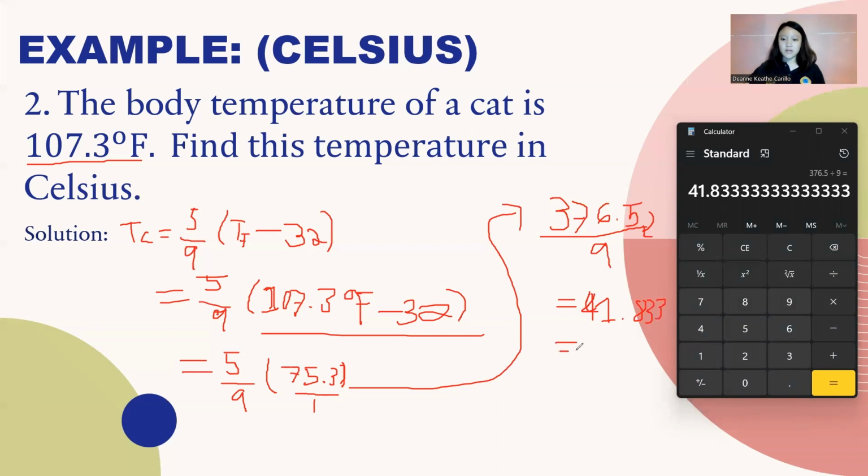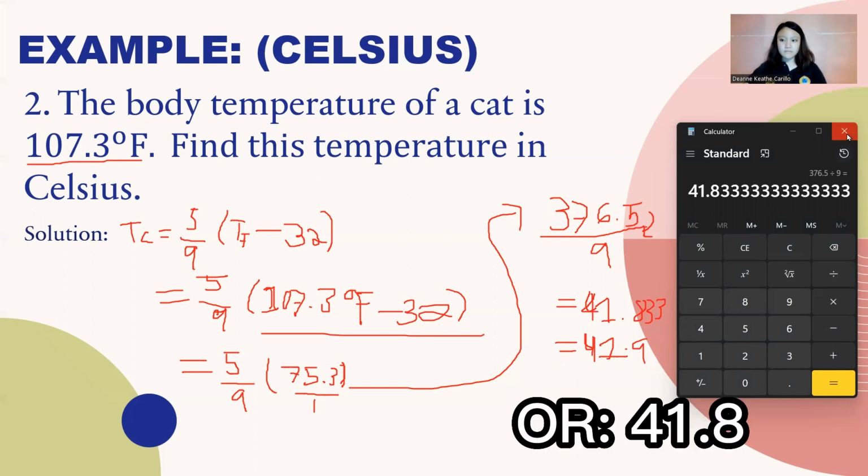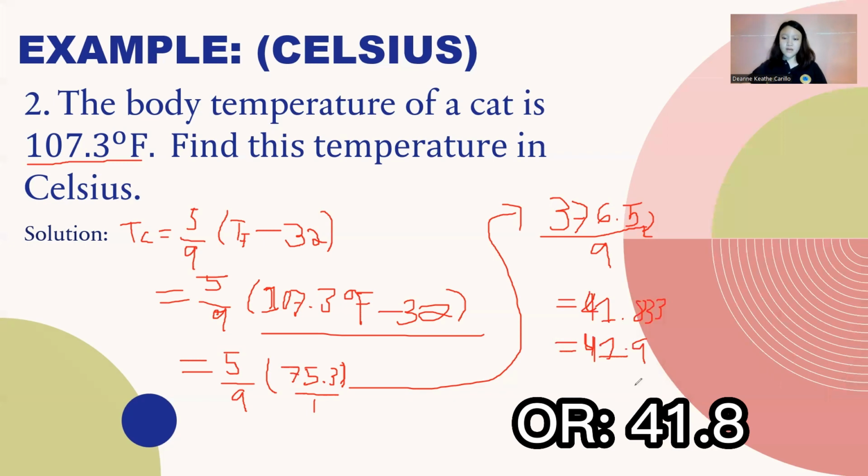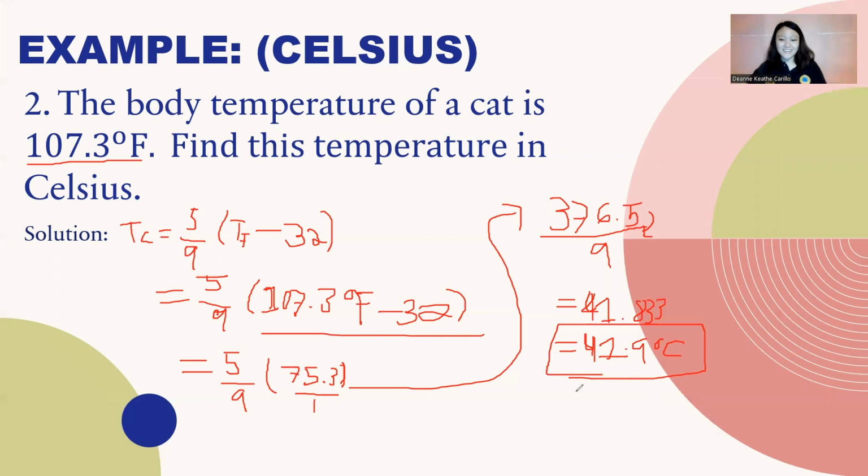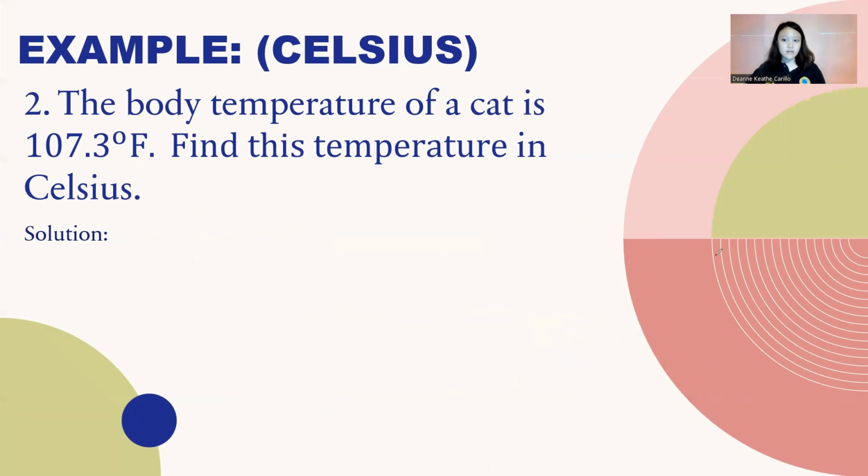Since it has so many non-zero decimal numbers, we should round it off. 41.8. And let's not forget the temperature scale, which is Celsius. There you have it, the answer. Number 3.